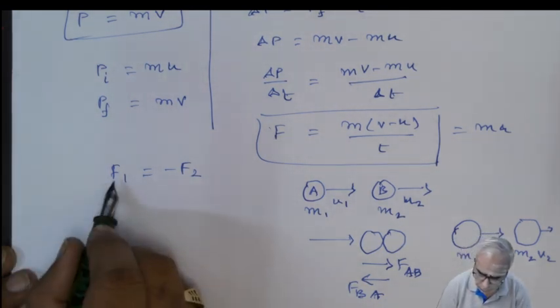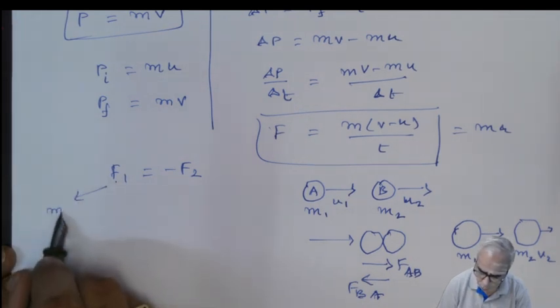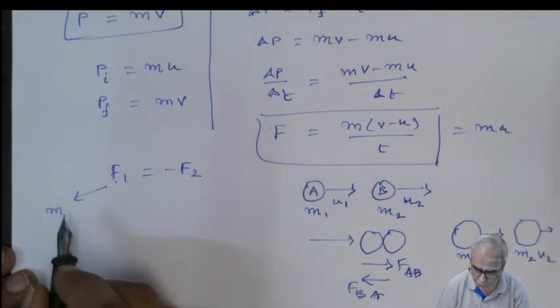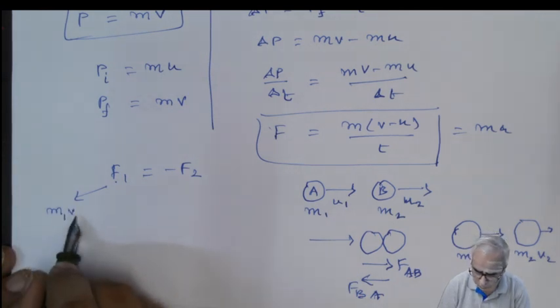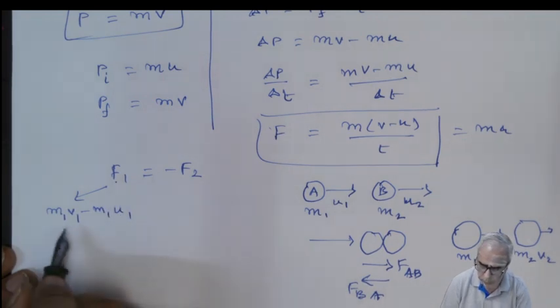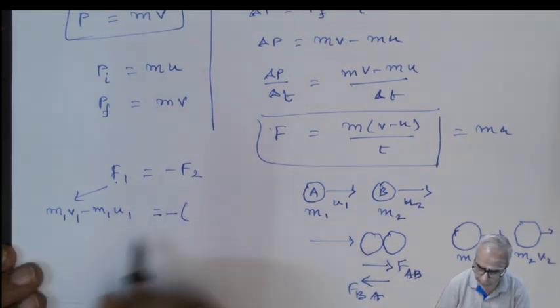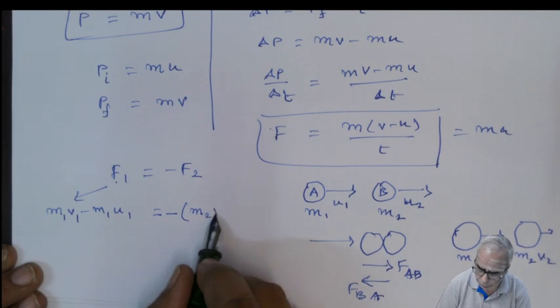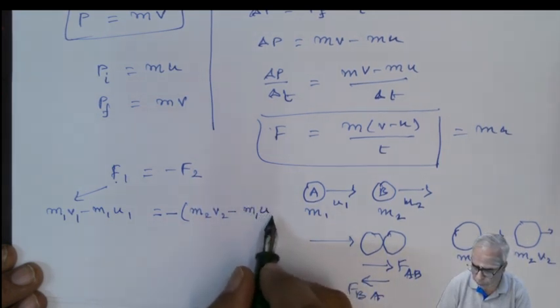So what is the F1? F1 is, let us give m1 before collision. So the change of momentum before collision and after collision: m1v1 minus m1u1, this is the force experienced, is equal to minus of, and then open the bracket, m2v2 minus m2u2.